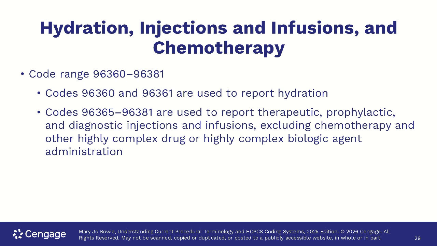So the first two codes are for hydration. These codes indicate that prepackaged fluids and electrolytes were administered through IV infusion. The nurse usually starts this under the direction of the physician or non physician practitioner, the person who supervises the service. No special monitoring is required. It's generally little risk to giving the patient some hydration.